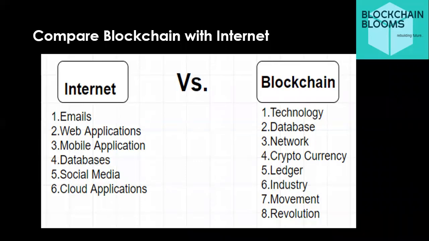When we compare this database with traditional databases like SQL Server and Oracle, the architecture is a bit different. With the help of that architecture, we are providing security to our data. Also the network is different: we are using a distributed and decentralized network, and it also uses DLT, distributed ledger technology.